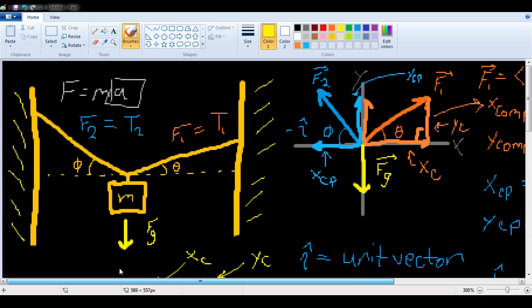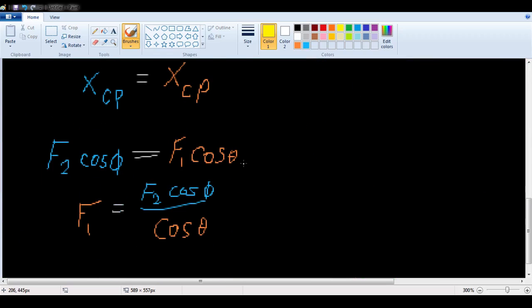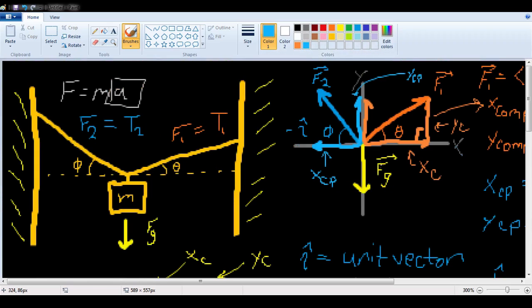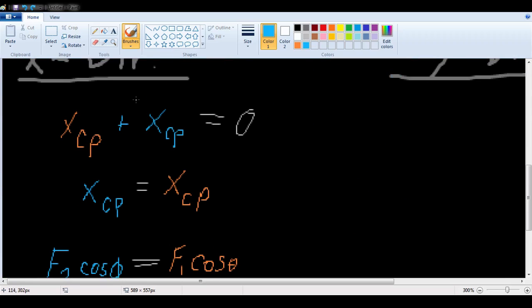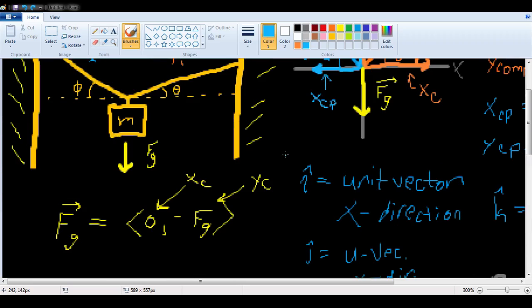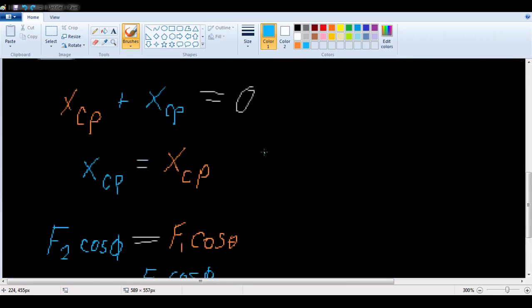Anyway, so here we have two different things pointing in two different directions. Oh, that's one thing. We have x component here in the negative direction, right? So if you wanted to, and I think this is where your issue's coming in, you can treat these like either scalars or like vectors. Here I treated them like scalars. So I solved for F1 as F2 cosine phi over cosine theta. I solved for it as if they were scalars.